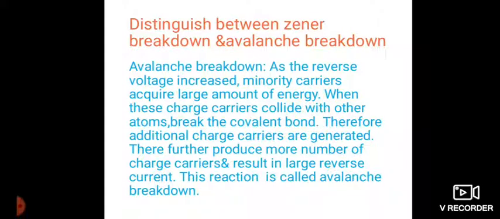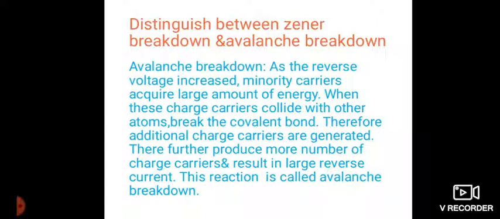Okay. Now, how can we distinguish between Zener breakdown and avalanche breakdown? In avalanche breakdown, as the reverse voltage is increased, minority carriers acquire a large amount of energy. When these charge carriers collide with other atoms, they break the covalent bonds, therefore additional charge carriers are generated. They further produce more charge carriers and result in a large reverse current.